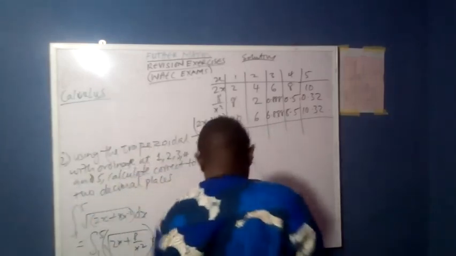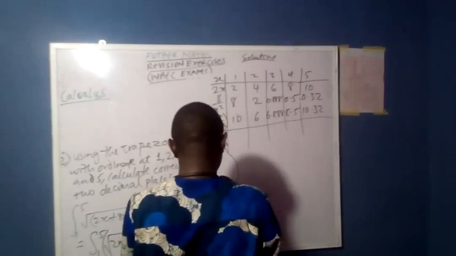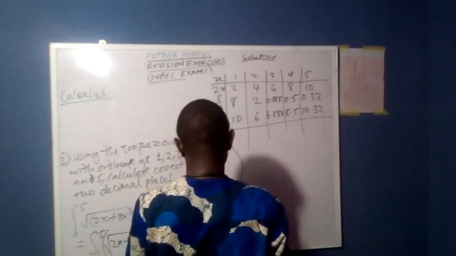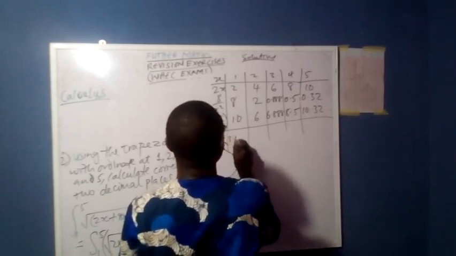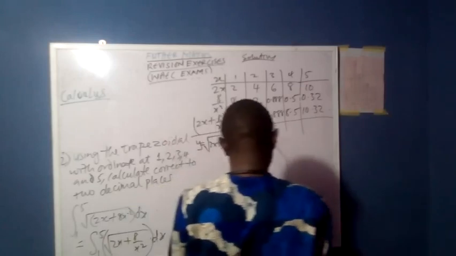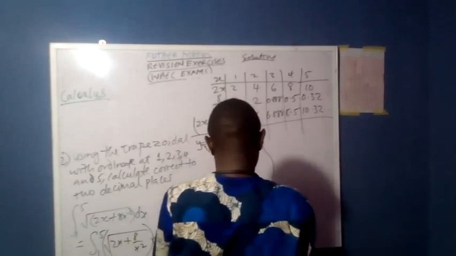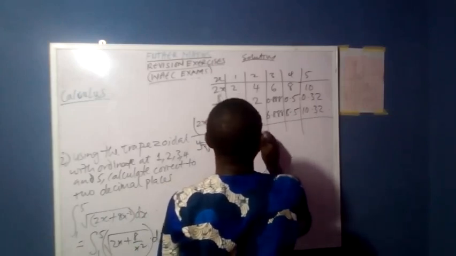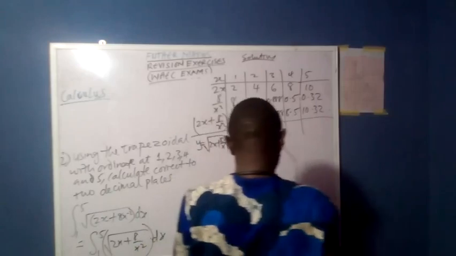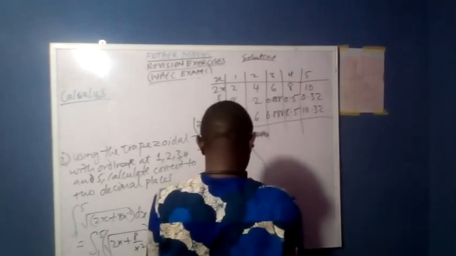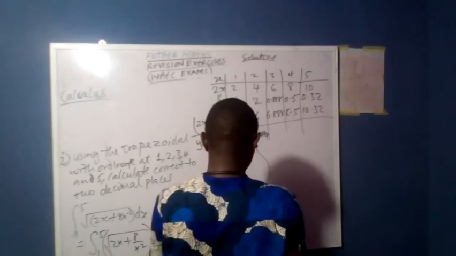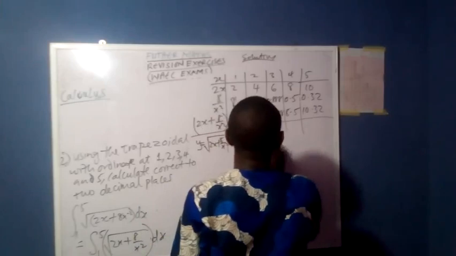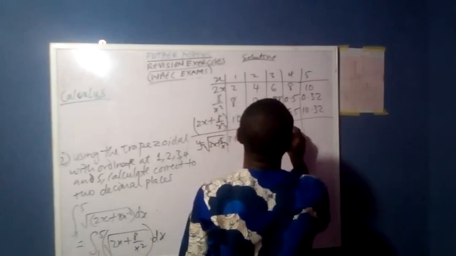Let's begin. The square root of 10 gives us 3.1622. The square root of 6 is 2.4494. The square root of 6.888 is 2.6244.